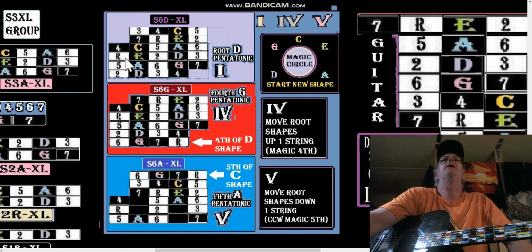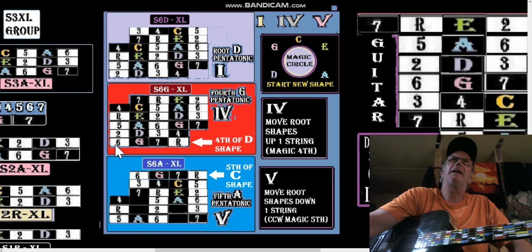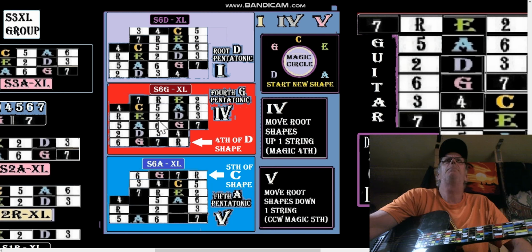Look up here. Does anyone see a 6, 7 root? It's right here. So this is the interesting thing about it. You move the pattern up, and now this 6, 7 root is like an octave, and it comes back down to the bottom. You see, it was like an octave there. It moved up. This came out of nowhere.